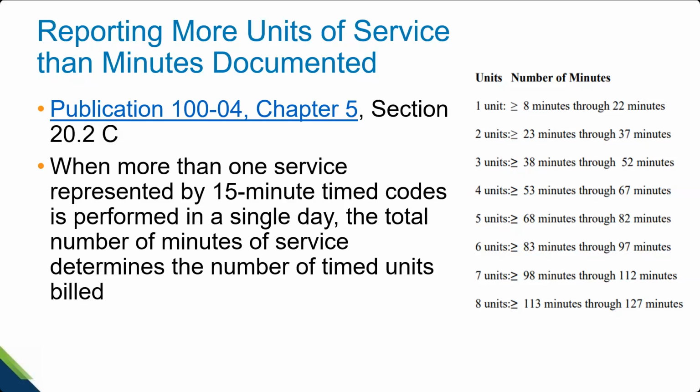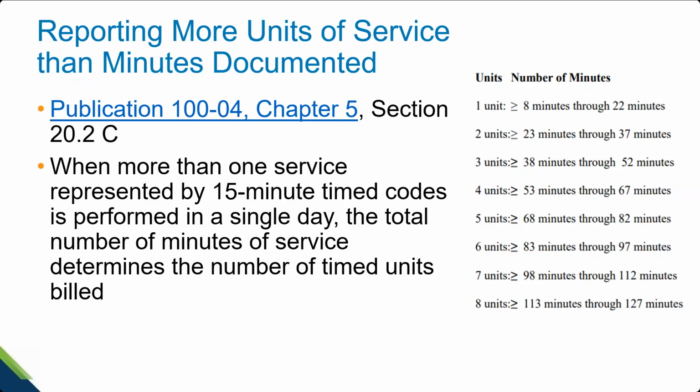So the correct coding for this would be 2 units of the 97112, because remember I said that one was 24, and 1 unit of the 97110, because that had the lesser amount of time spent. So hopefully that makes sense.